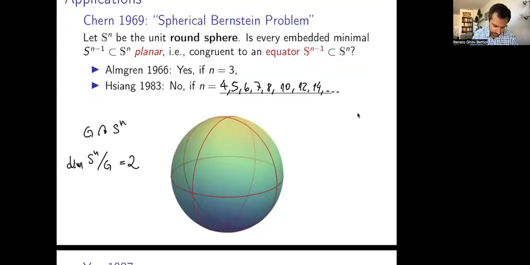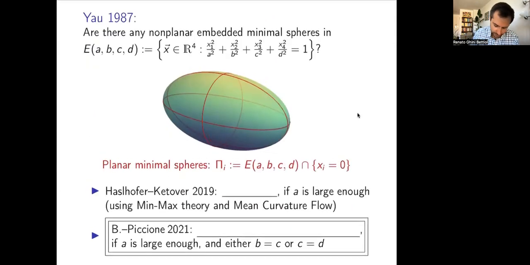Okay. The other application I want to discuss of this idea, and that's where we'll spend a good amount of time in the last couple parts of the talk, is related to this problem of Yau.